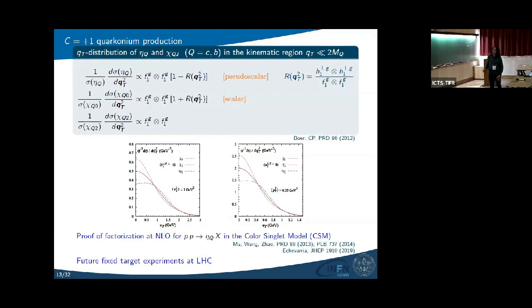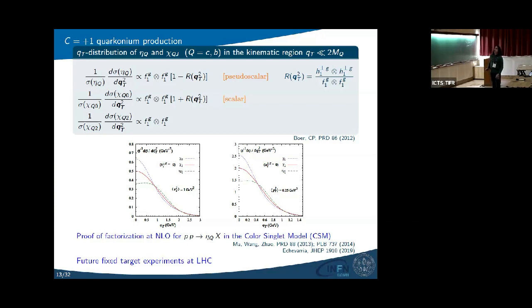But after us, there have been more refined studies. This was also a leading order calculation, but there is also a next to leading order study, and it was shown that factorization applies at next to leading order.